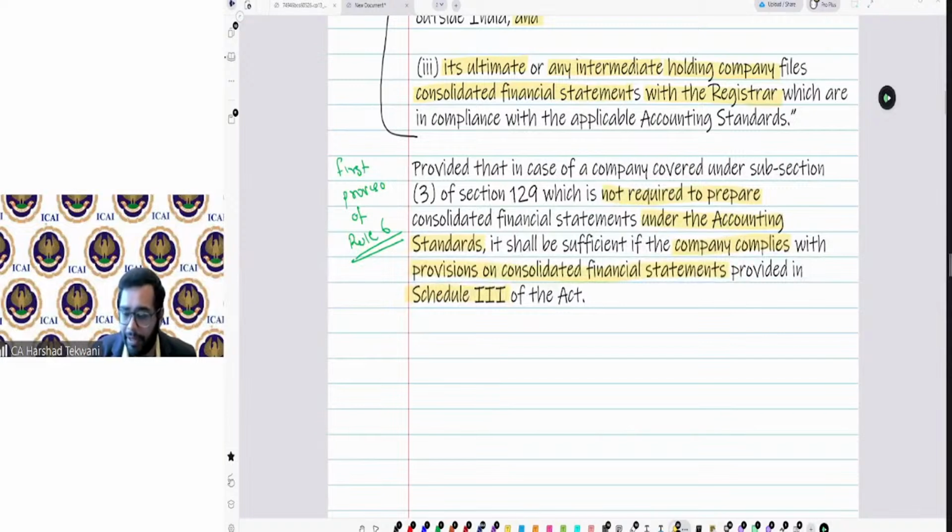Correct? Correct, Hari? No, accounting standard. Basically, which accounting standard talks about preparation of the consolidated financial statement?